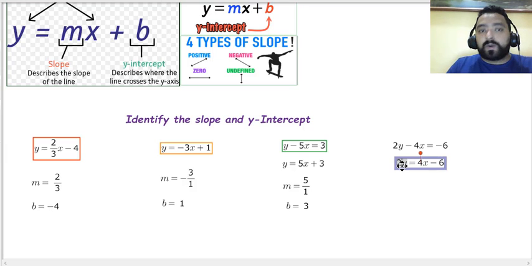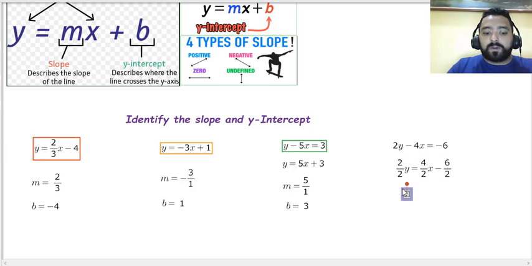Now, we need to isolate y, so we need to divide by 2 here and divide by 2 in each term. So 2 over 2 gives us y, equals 4 divided by 2, which is 2, and we copy the x. Now we have negative 6 divided by 2, which is negative 3. In this case, you can divide as a whole number.